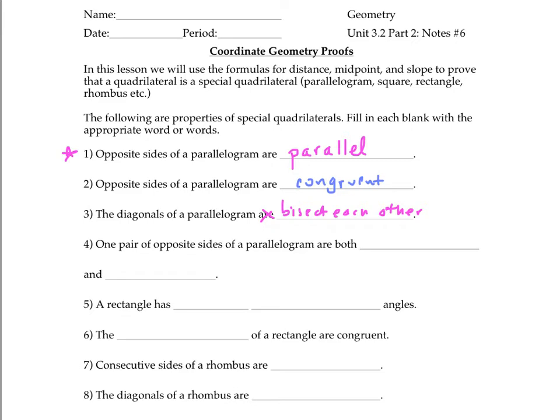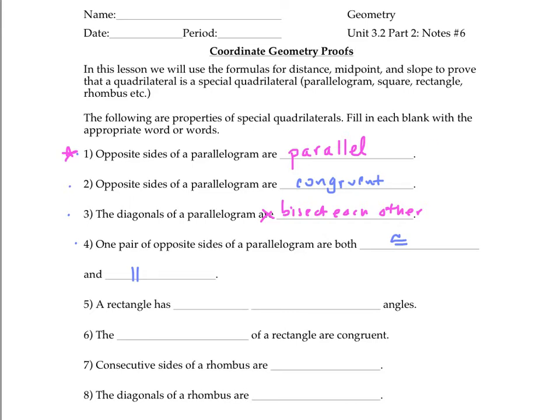And number four, one pair of opposite sides of a parallelogram are both congruent and parallel, using the symbols here. So this would be one way to prove that a quadrilateral is a parallelogram, as are 1, 2, and 3. You can use any of these to prove that a quadrilateral is a parallelogram.